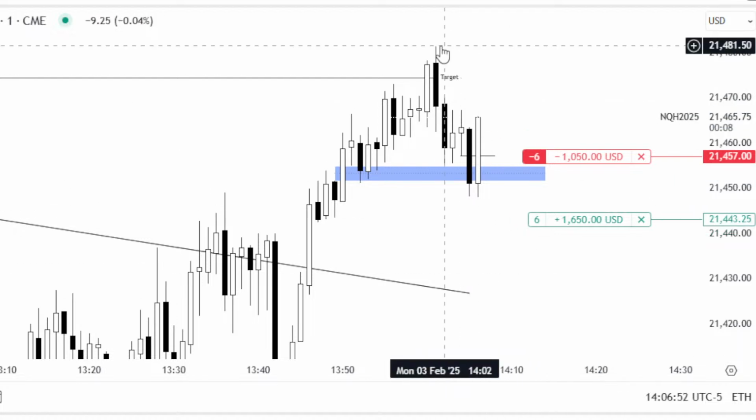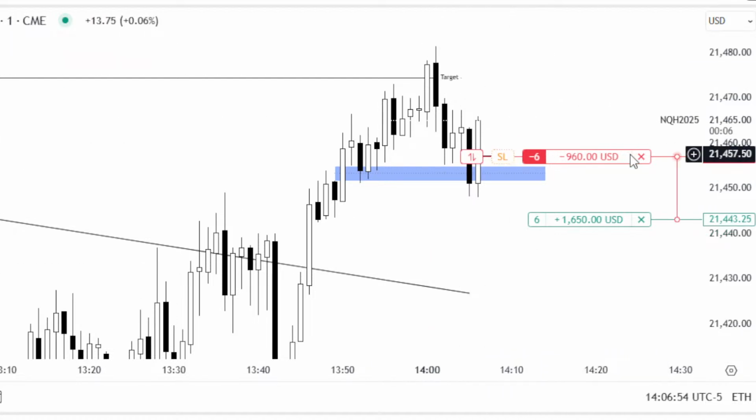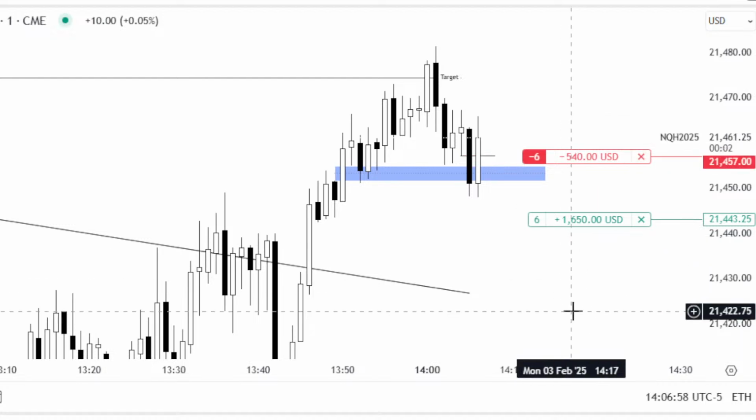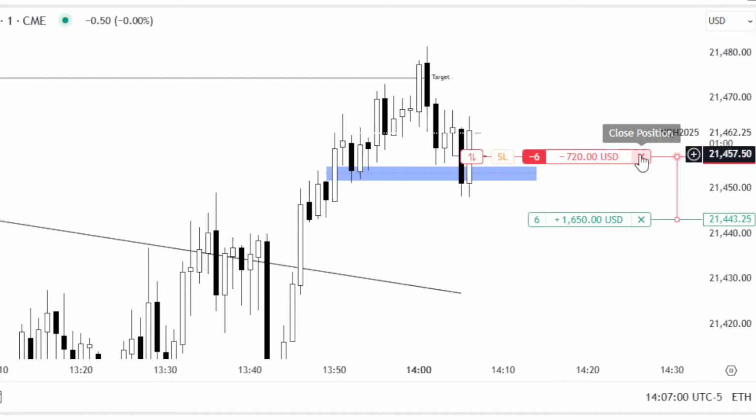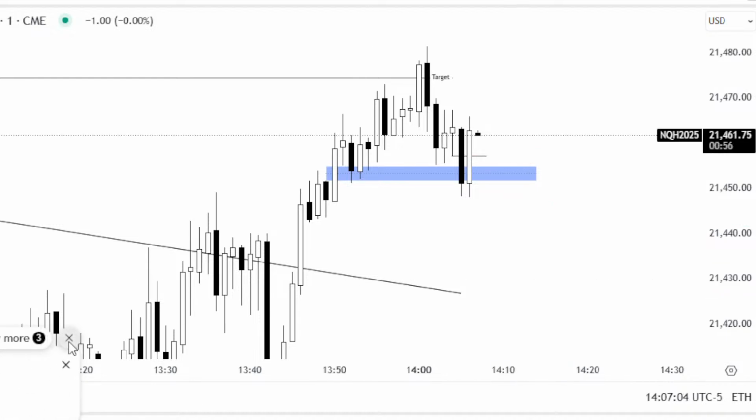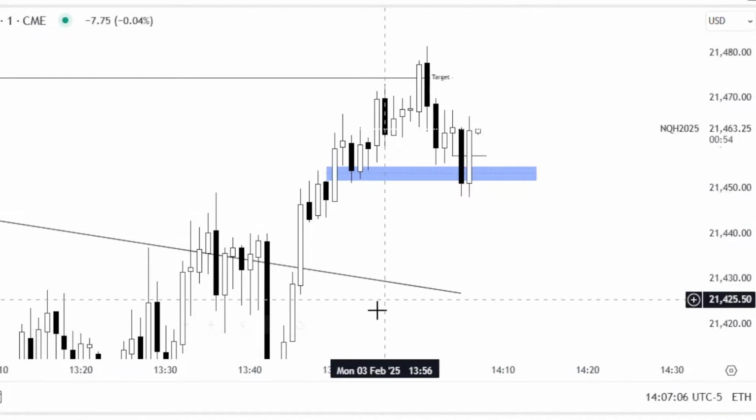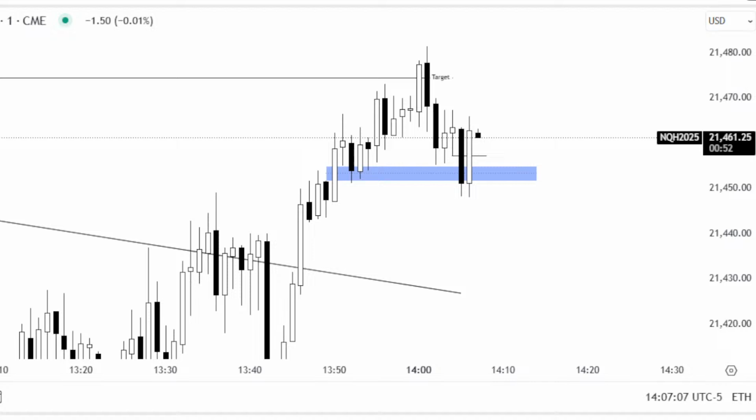This is most probably going to go to this high now. I close that trade because I don't like this. It's probably going to go up here.